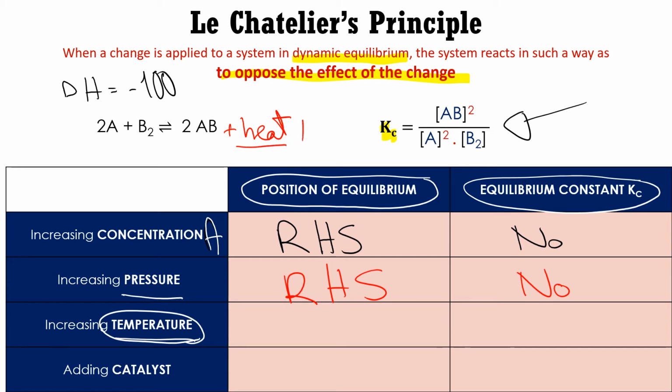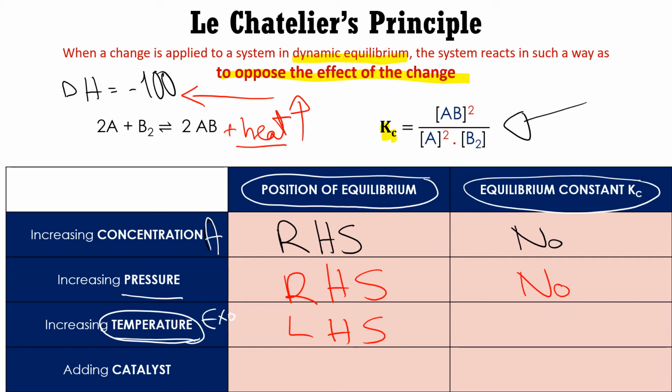What will happen if you increase the heat, which is available on the product side? Of course, the reaction will shift to the left-hand side, considering that we are speaking about an exothermic reaction. If it's an endothermic reaction, it should be the other way around.